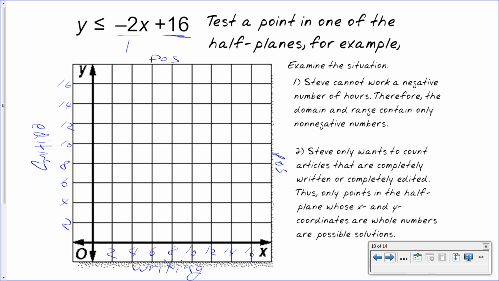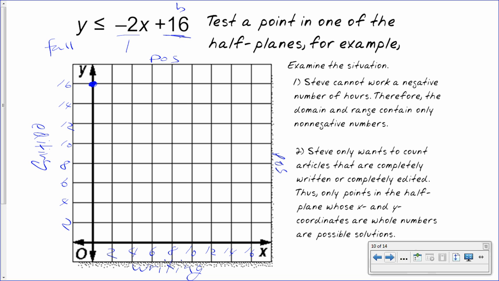Okay. Here's how you do this. This is the type of questions that they're going to ask you. Where's my y-intercept? 16, right? What's my line going to do? Fall or rise? Gonna fall, right?